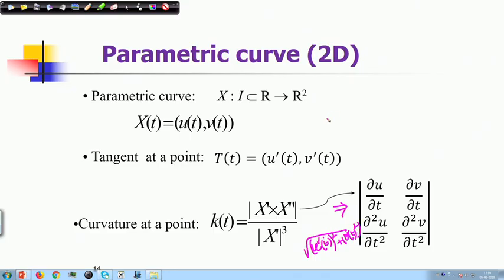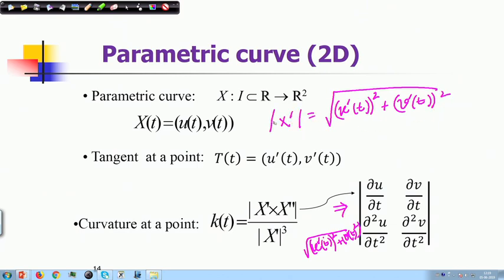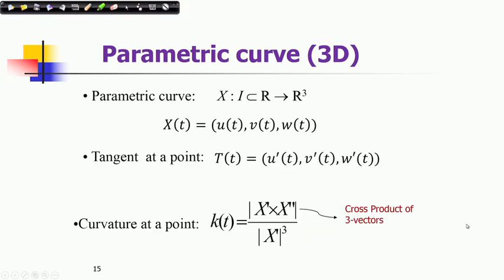Let me write it clearly here. u'(t) whole square plus v'(t) whole square, that is the magnitude of x'. And then you raise it to the power 3, or cube this amount. So, this is the quantity you are measuring. This is how the curvature could be computed at any parameter value. That is just simply explaining that part.